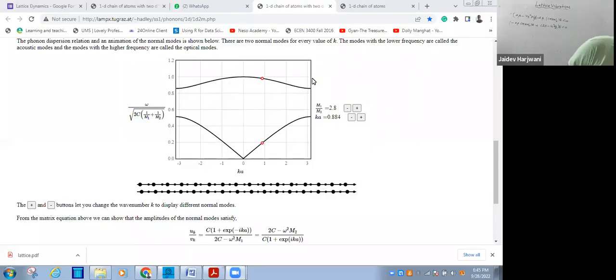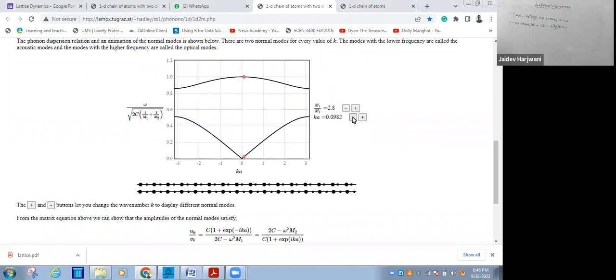So this is my lattice, and it's moving. First let me go to k equal to 0. At k equal to 0, you can see the atoms are in the same phase and same amplitude in the acoustic branch. In the optical branch, the upper crystal is moving in the opposite direction.